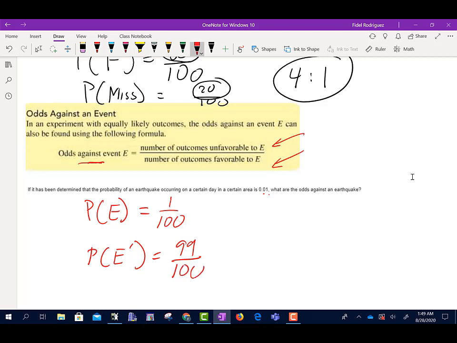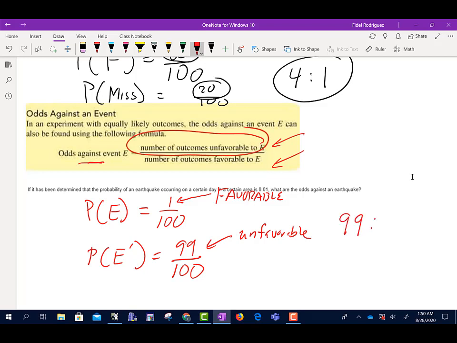Would be 99 out of 100, right? So the number of outcomes favorable, 1, this would be favorable. And these would be unfavorable. Okay? So we want to first write the number of outcomes unfavorable, 99, to the outcomes that are favorable, 1. So 99 to 1. Okay?